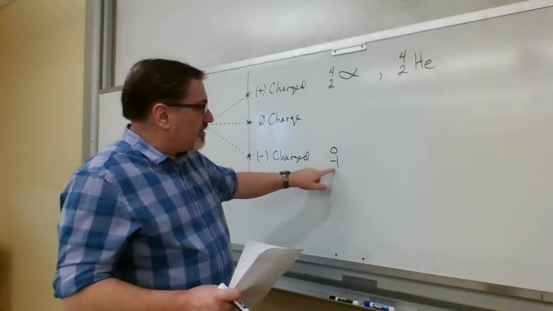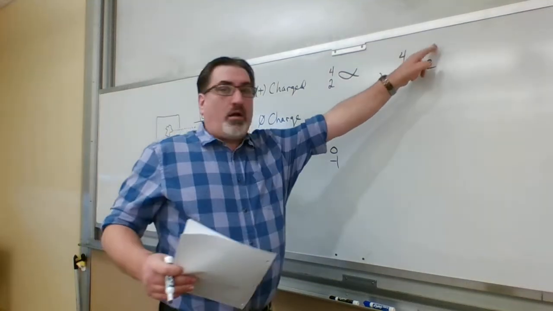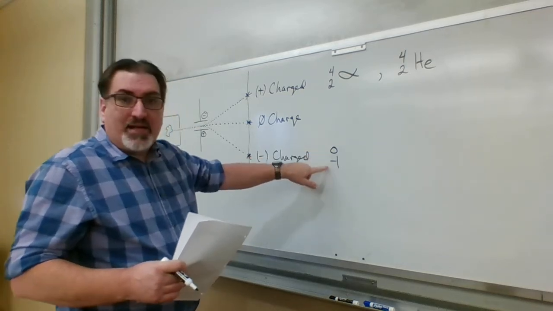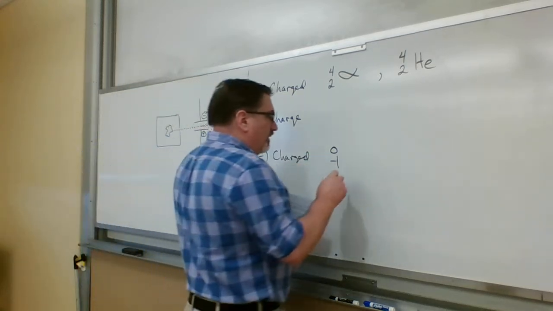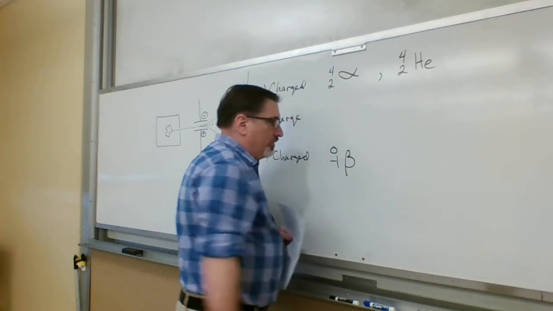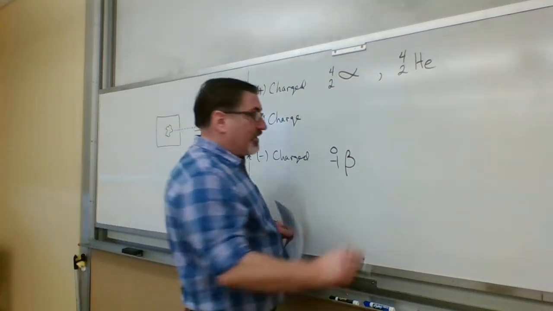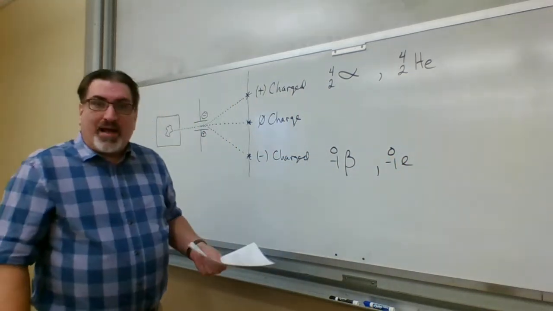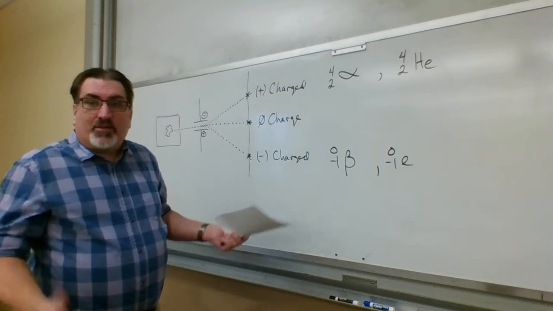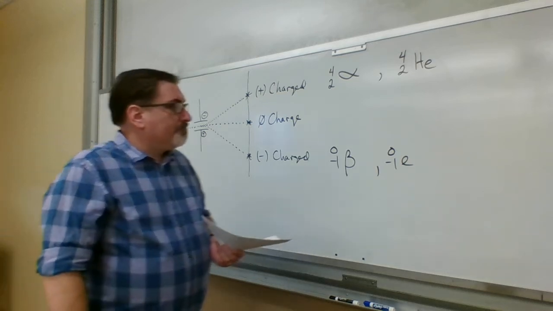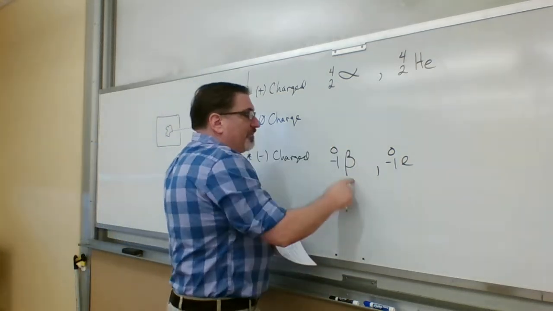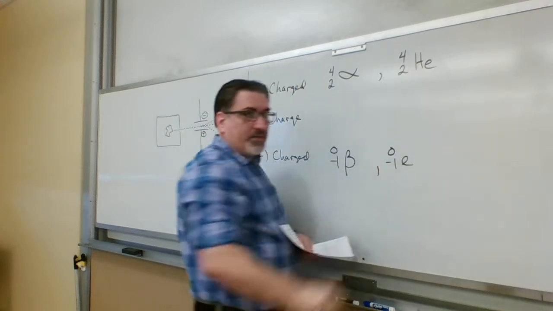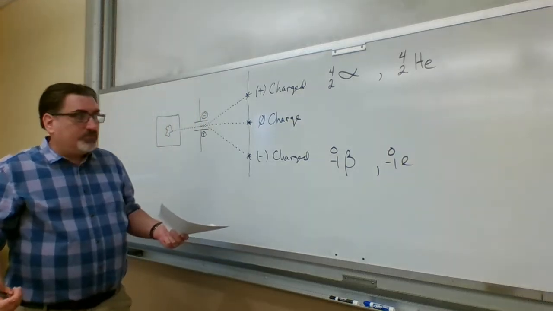Now we do see charges on the little numbers here, but not overall as an ion charge. So something that has no mass and a charge of -1, well, they called that a beta particle but it's also identical to an electron. We've been dealing with that the whole year, right? So you'll see these both listed as alphas and betas with their appropriate masses and charges, or as heliums and electrons. They both mean the same thing.